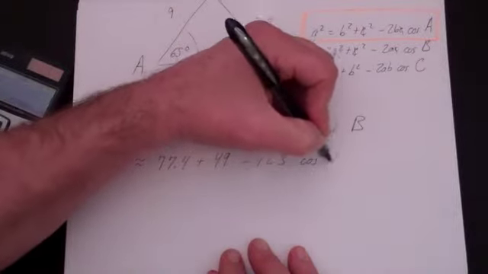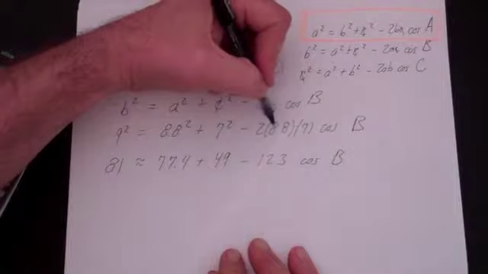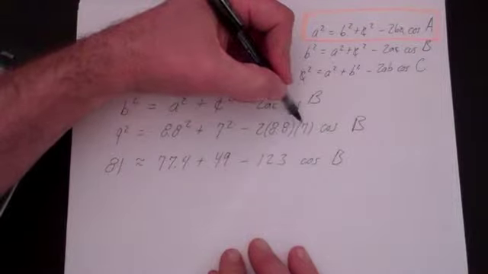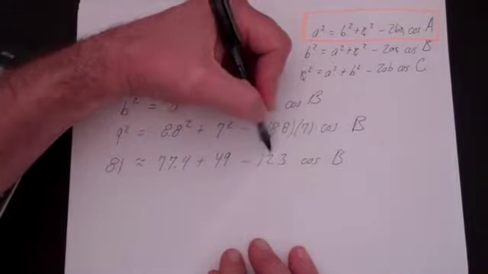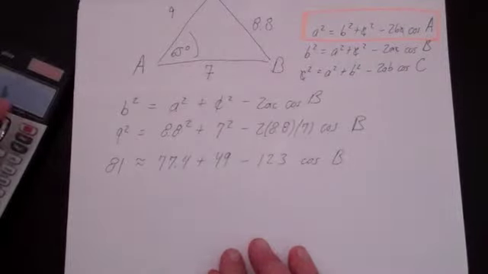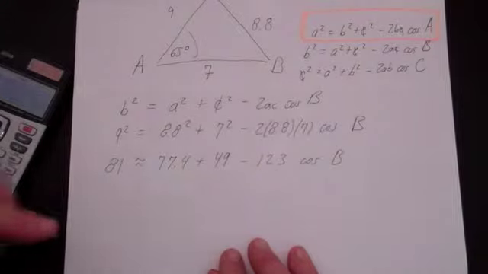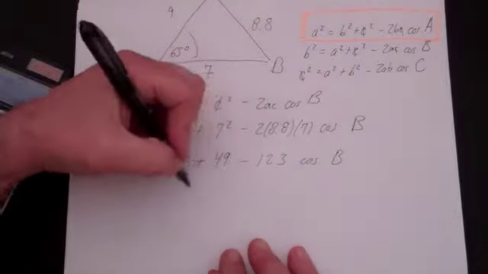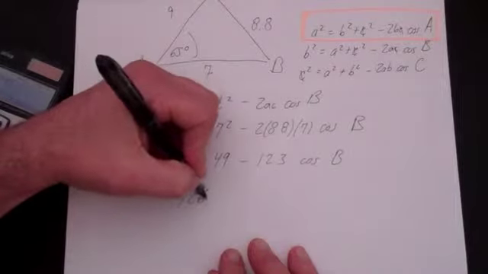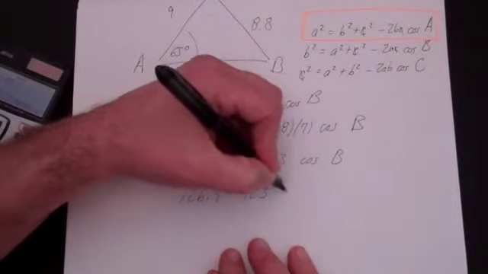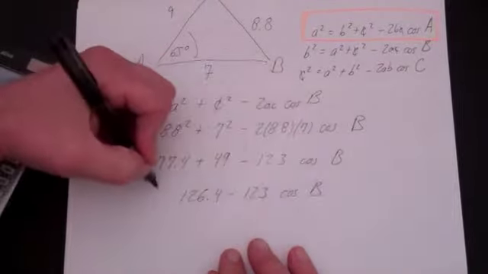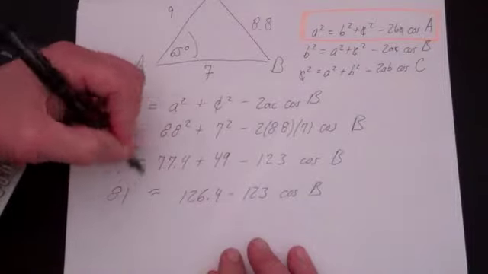If you're doing your calculator, you can always check if that's about right. 9 times 7 is 63, and twice 63 is 126. That looks about right. Now everything else I just plug in a calculator. I go 77.4 plus 49. That's 126.4 minus 123 cosine B.